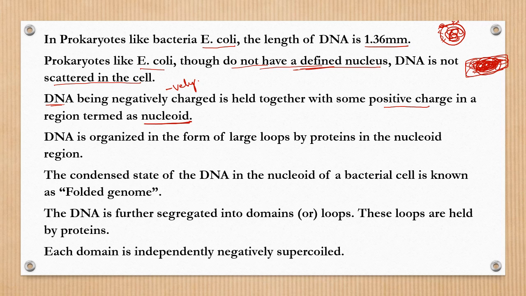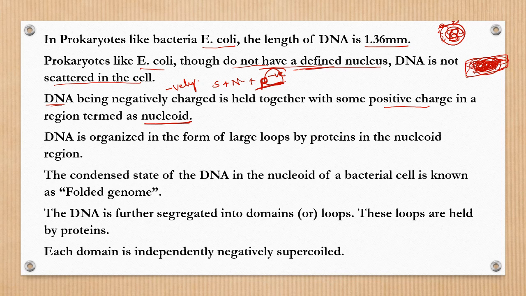Because we already studied the structure of DNA. DNA consists of a sugar molecule, a nitrogen base plus phosphoric acid. This phosphoric acid, these phosphate ions, provide the negative charge to the DNA.